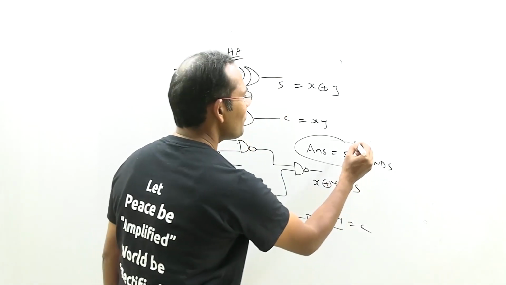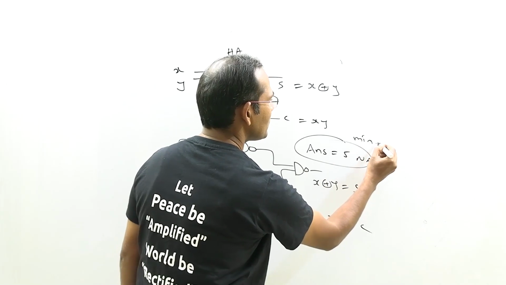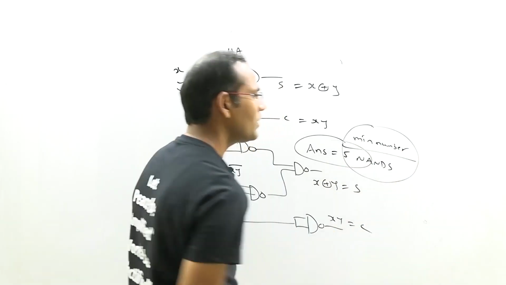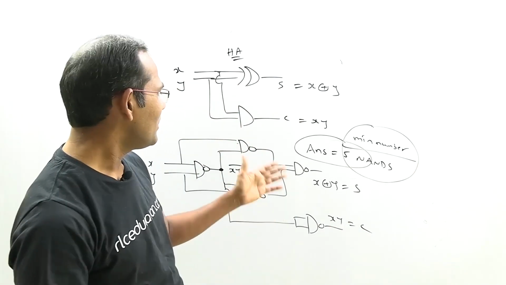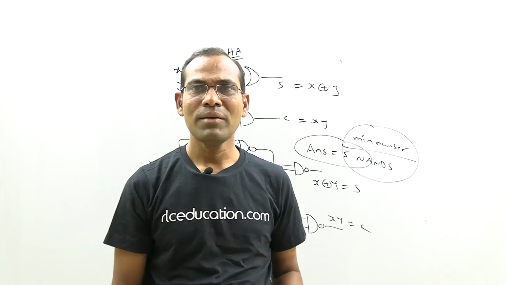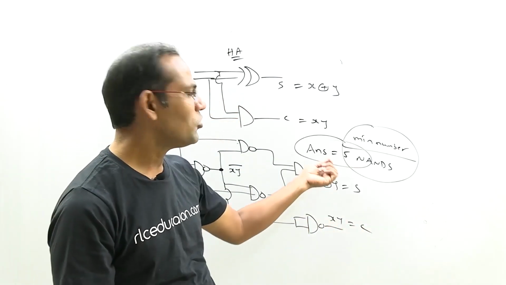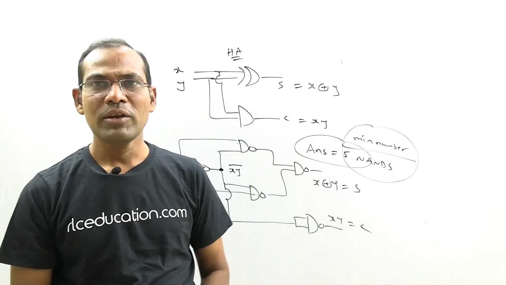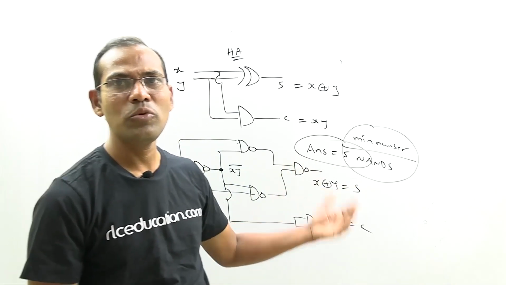This is the minimum number of NAND gates. There is no limit for maximum. We can design this with 10 NAND gates also. But the minimum requirement is 5 two input NAND gates.